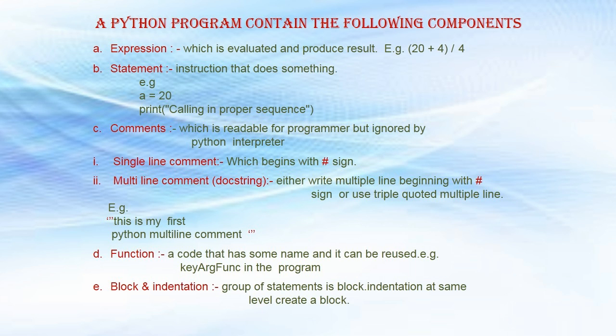Example, a equals 20 is a statement which means the value 20 will be assigned to a variable called a. Print is another statement which will print whatever is written in the quotes and parentheses.